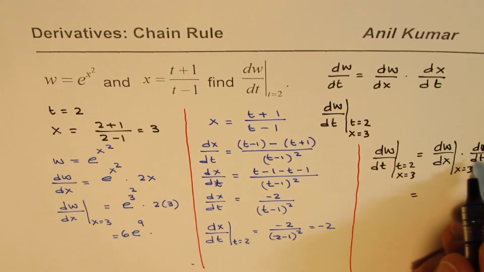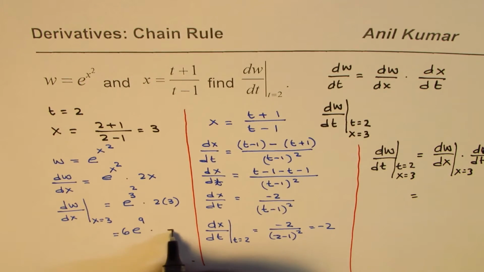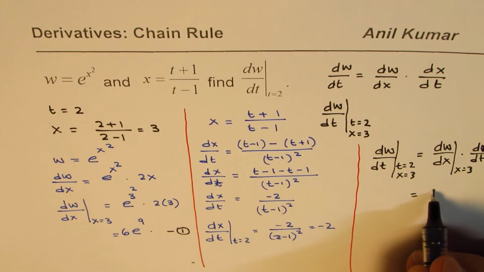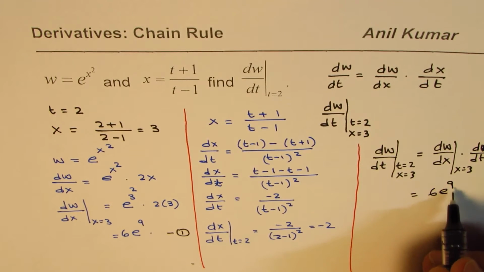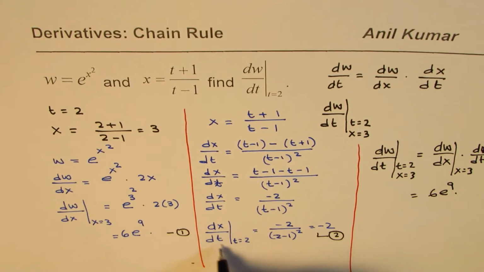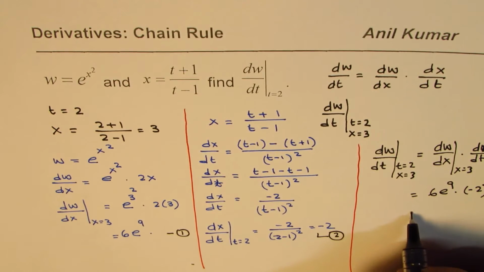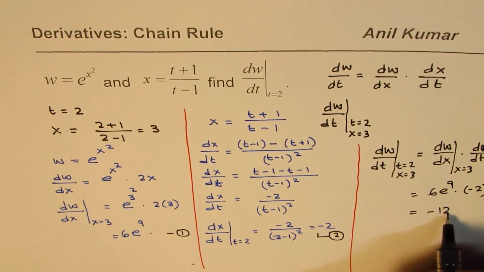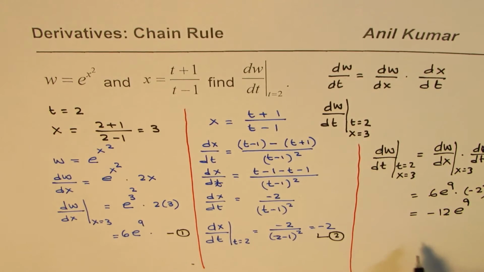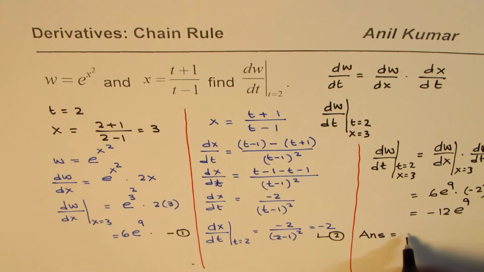We have already calculated these values. dw/dx at x equals 3, let me call this equation 1, is 6e to the power of 9, times, let me call this equation 2, dx/dt when t equals 2, which is minus 2. So when you multiply, you get minus 12e to the power of 9. So that is your answer: minus 12e to the power of 9.